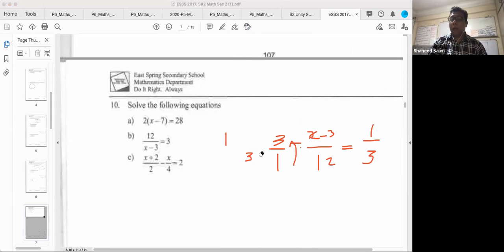And then now you want to get rid of the 12 lah. You can just bring it over to that side if you want to. But if you say I'm not comfortable to do seesaw method lah, okay, then times by 12 lah. Times 12 here, times 12 here. What do you get? Cancel the 12, no more 12. Divide by 3, you get 4.